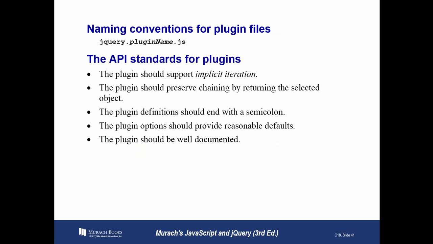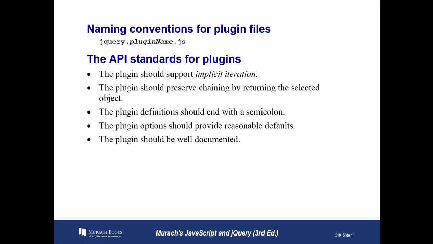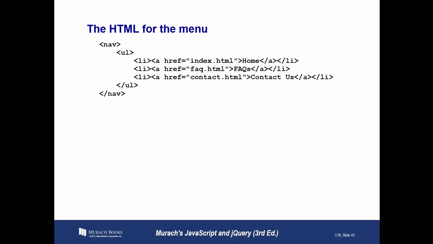So what they show you on pages 572 and 573 is how to code a plugin that highlights the items in a menu. There you go. The figure shows the HTML for the nav element that's affected by the plugin and the associated CSS.